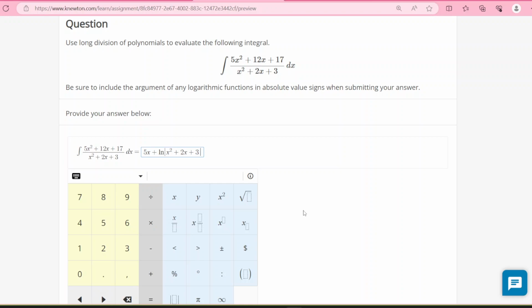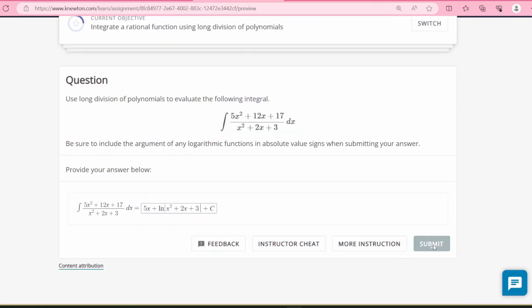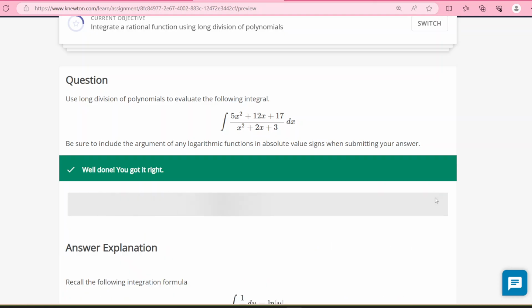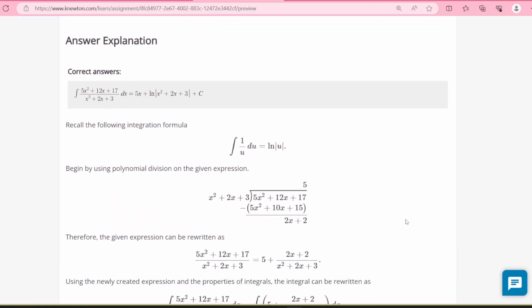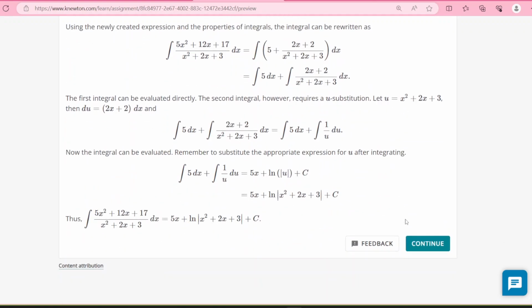But I'll just keep them because they are asking for them in the instructions here. And then plus any constant, plus c. And I hit submit. I was like, anytime now. There we go. Got it correct. Hooray. Answer explanations.